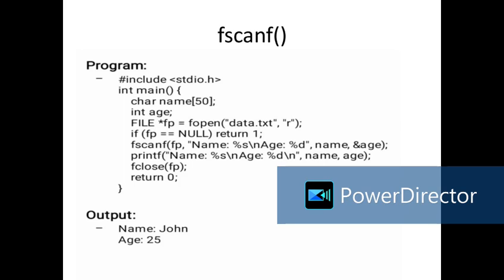It's typically used when the data in a file follows a predictable format, such as structured columns of values or key value pairs. You must be cautious when using fscanf. It does not handle spaces in strings well. It assumes the file contains exactly what you expect.